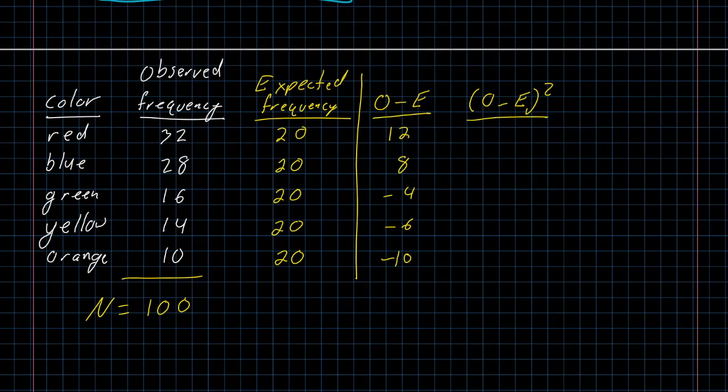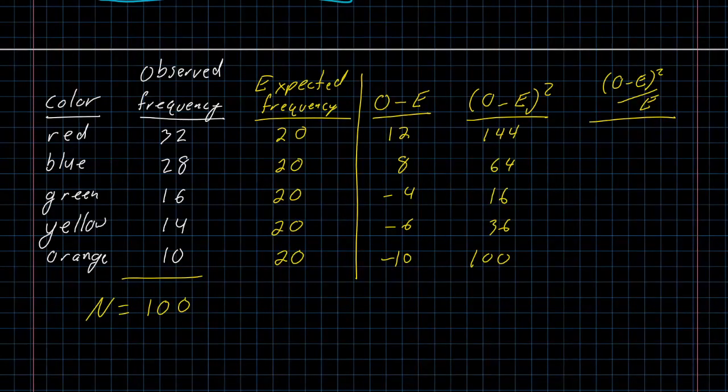We square all of those things. And then we divide each of those things by E.